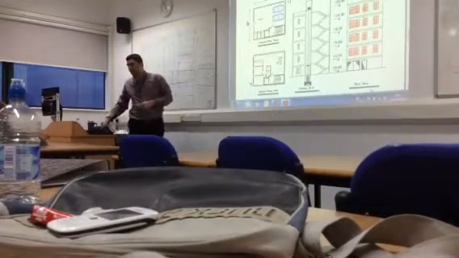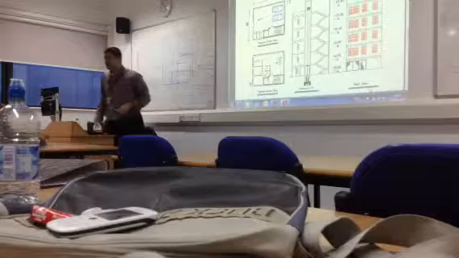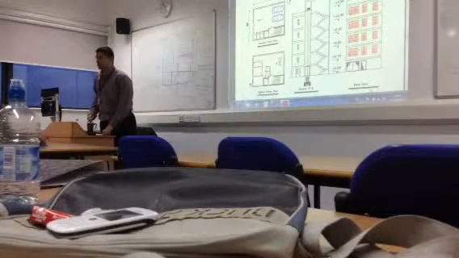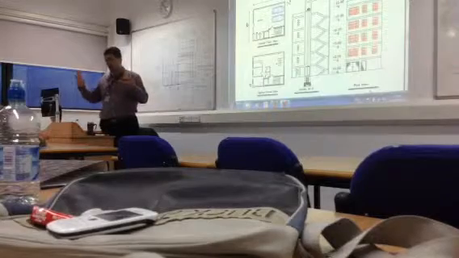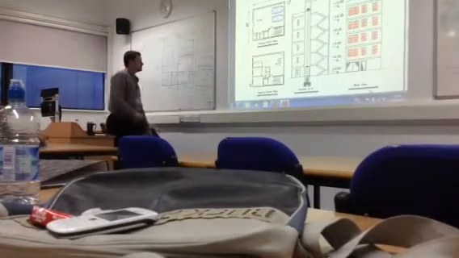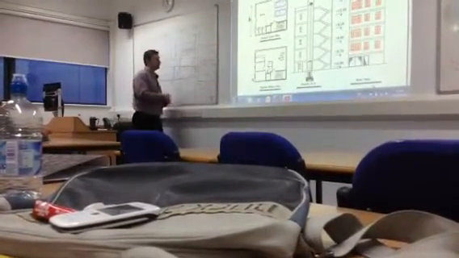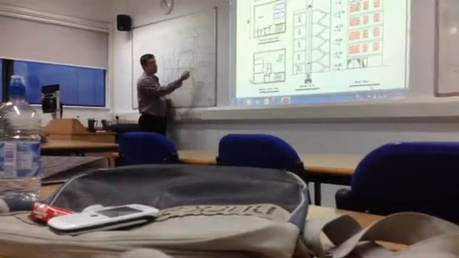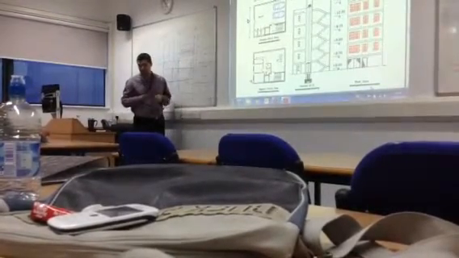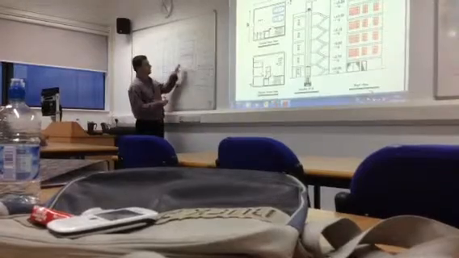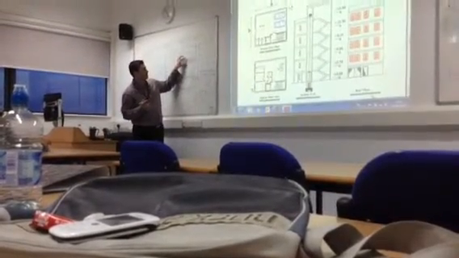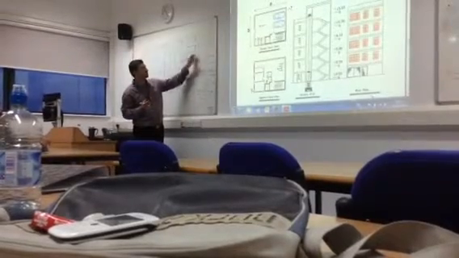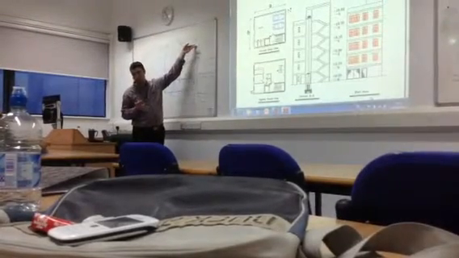For part one, you just calculate load on one corner column. For that, you need to calculate loads as we did last year, from secondary beams to primary beams, and then to the column.